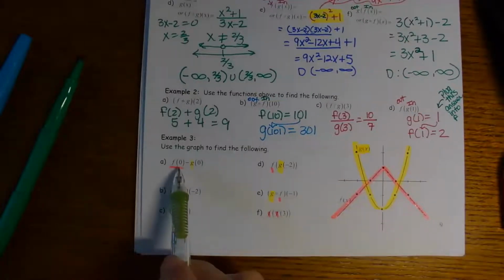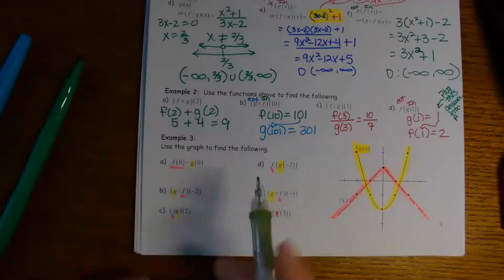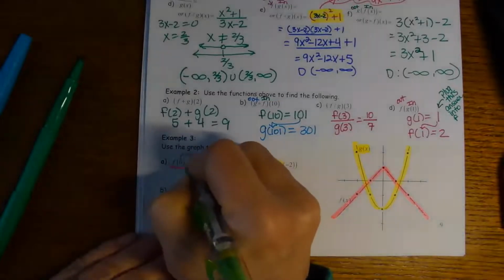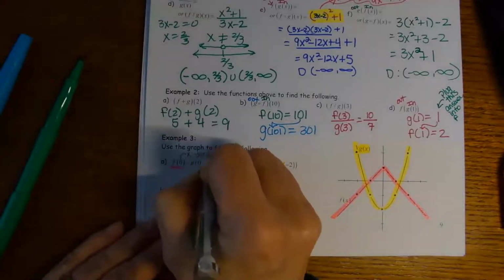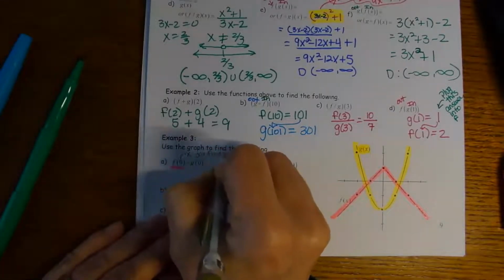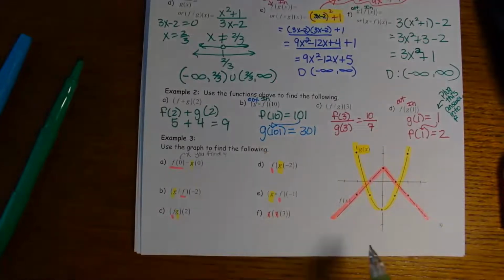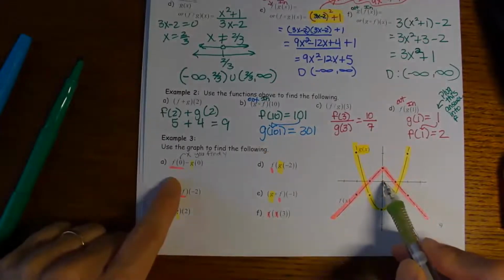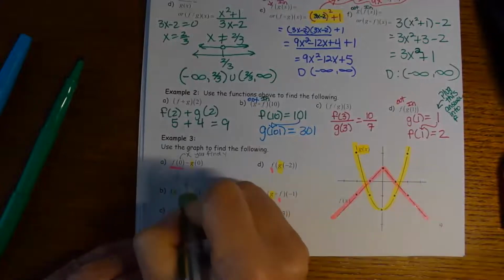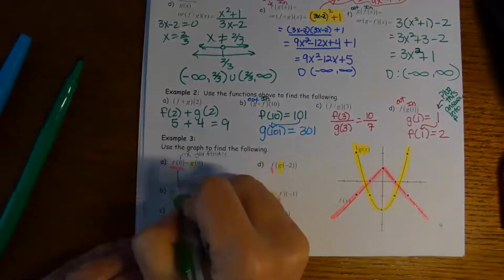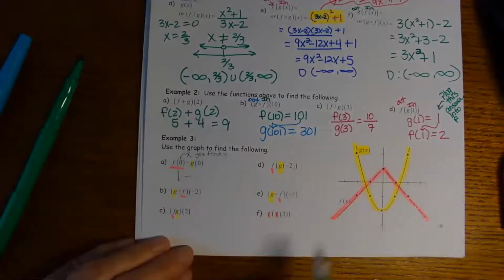Okay, this says f of 0 minus g of 0. This is x, right? You find y. So if you look at where x is 0, the pink graph, where is it? 1. Minus g of 0. So now I go to 0 and I look at the yellow graph.